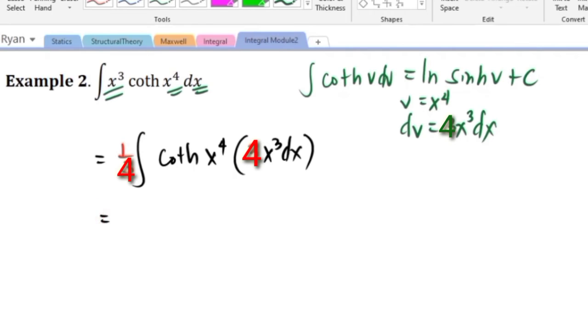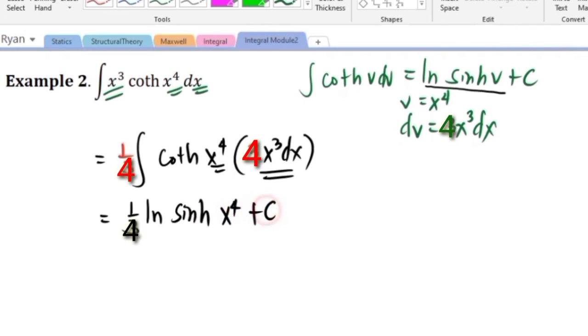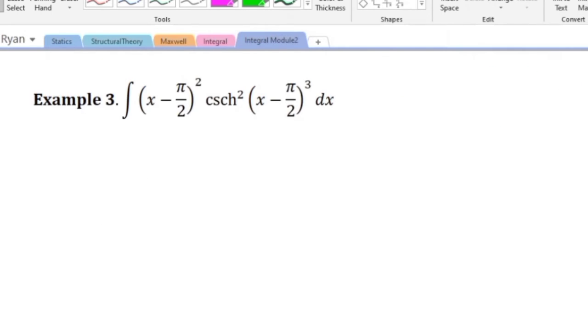So we have, since derivative na ng x to the 4th yung nandito, the answer is ln of hyperbolic sine of v. So it's 1/4 ln of hyperbolic sine. Your v is x to the 4th plus c, and this is our answer. So we have here, mukhang mas nalimuot lang yung mukha pero hindi naman ito mahirap.